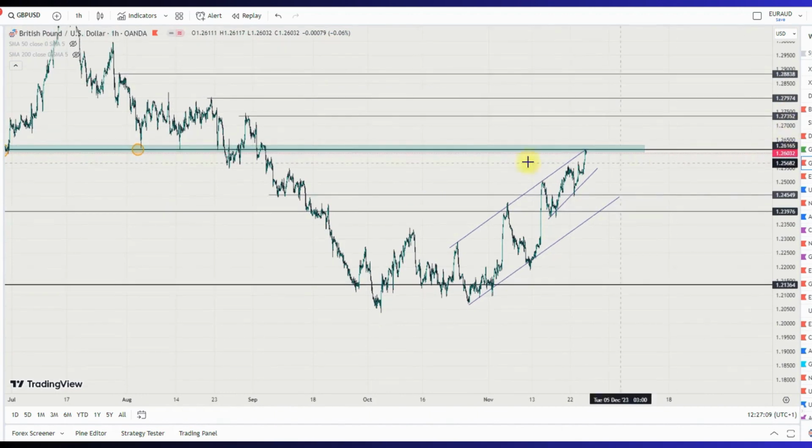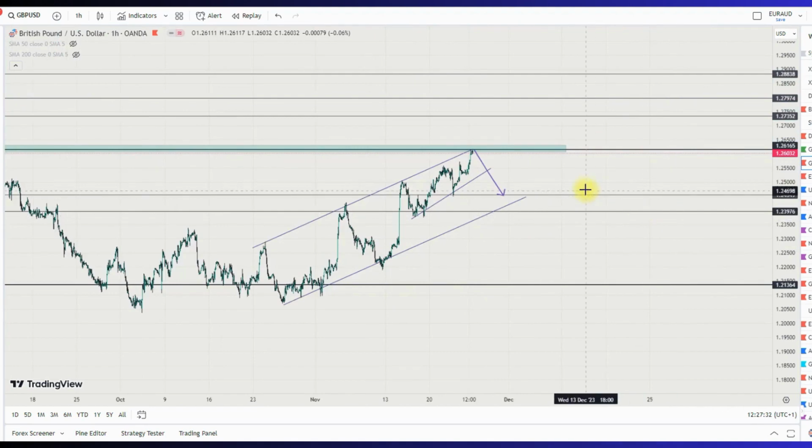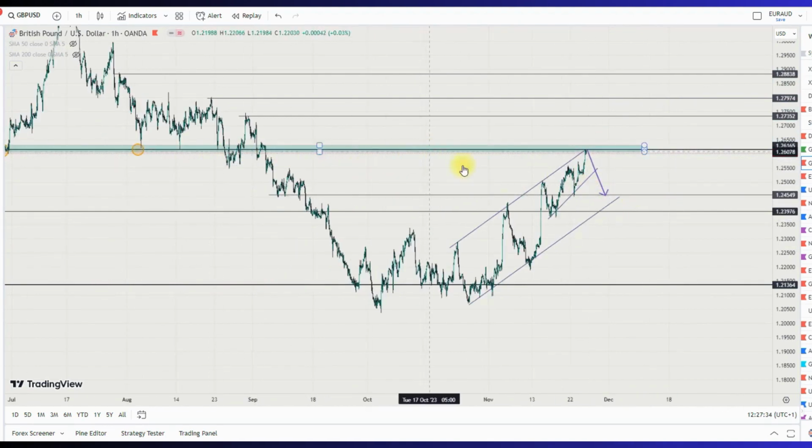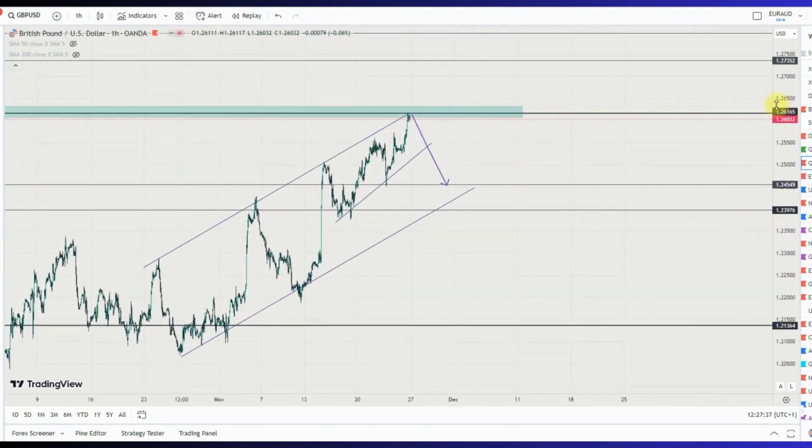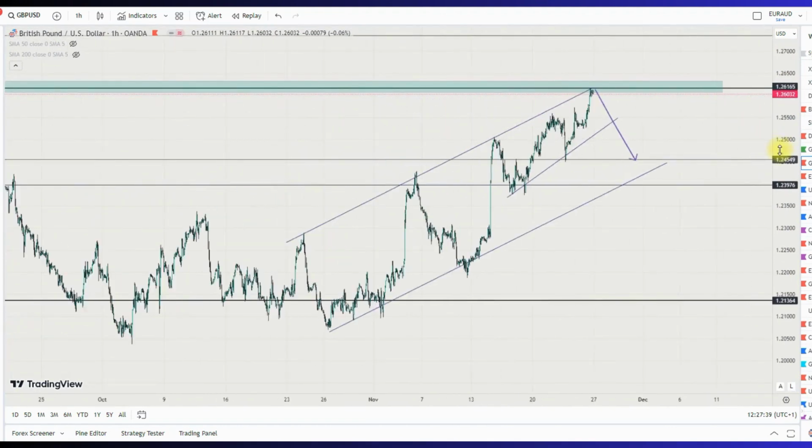So what I'm expecting on GBPUSD is for price to reject to the downside and then probably come to retest this particular 1.24549. Anything can happen here. We might see price break to the upside at that area, so let's see how price reacts to this area. But I'm looking for a sell setup on pound US dollar next week.